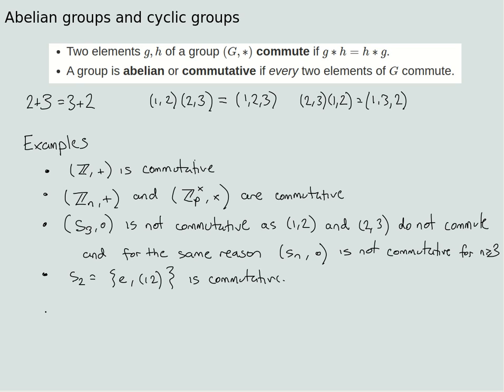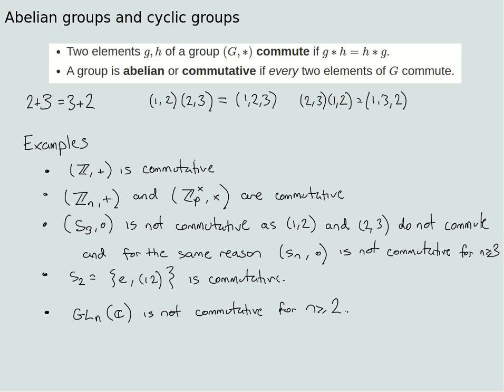Okay, let's have one last example of a non-commutative group. Let's say we look at the group of n by n matrices under matrix multiplication, GL_n(C). So the group of all invertible n by n matrices with complex number entries. This is not commutative, so long as n is greater than or equal to 2.